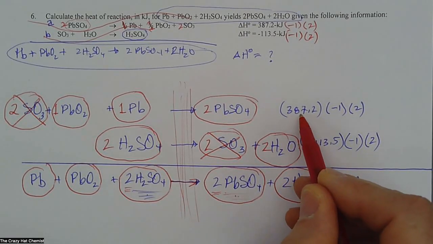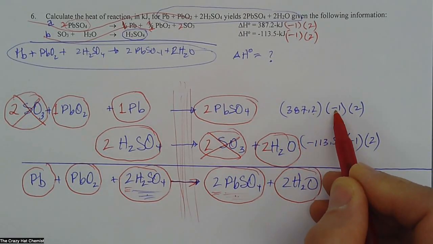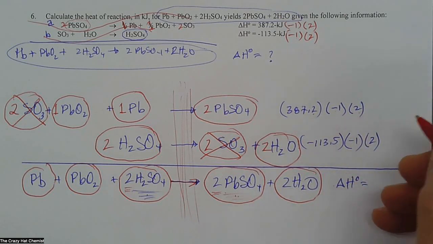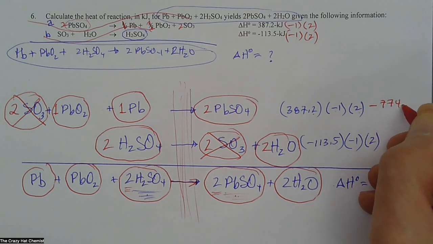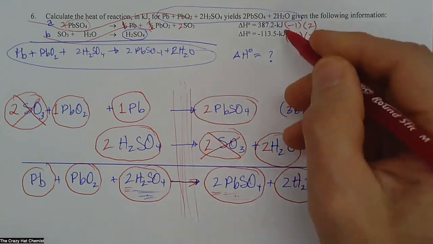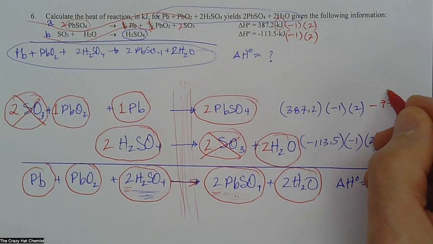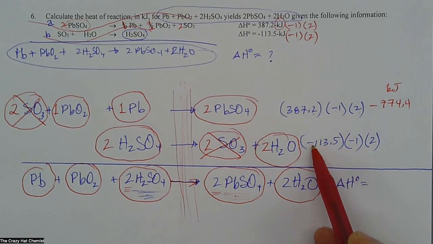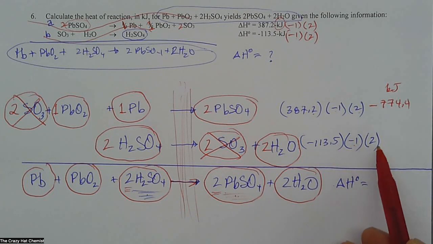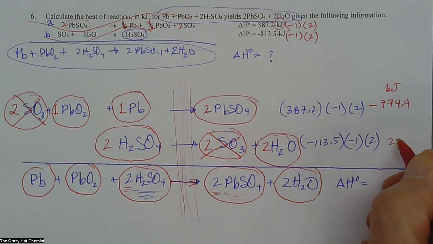Now what we're going to do is 387.2 times -1 times 2. That value is going to be -774.4, and these values are in kilojoules. And then I'm going to take 113.5 negative times -1 times 2, and that's going to equal 227 kilojoules.